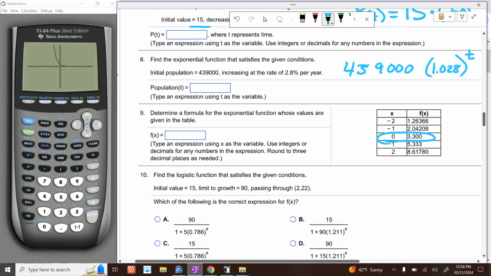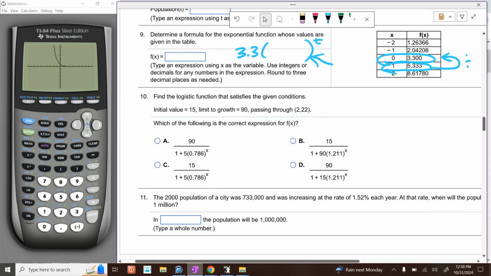Here, you take this number, that's your initial value, and you take this one divided by this one, so your f of x equals your initial value, 3.3, times whatever the 1 number divided by the 0 number is, and then that'll give you your ratio.